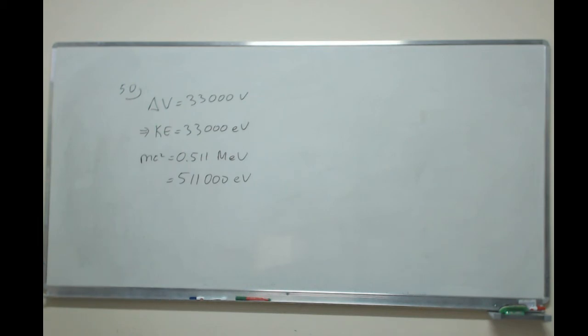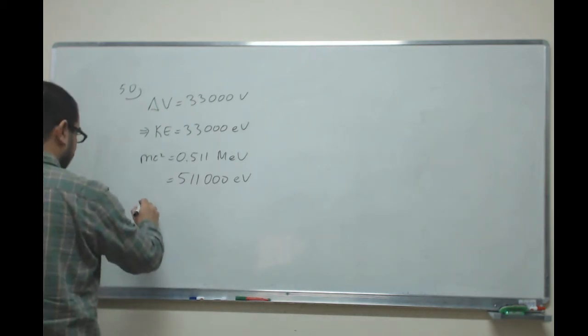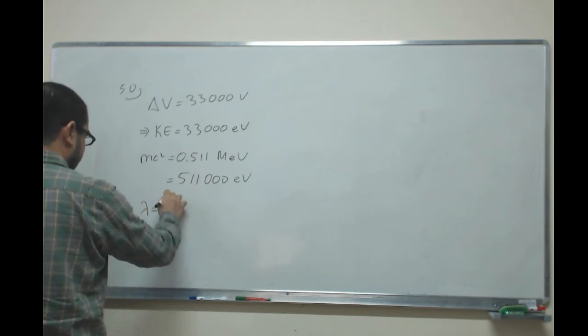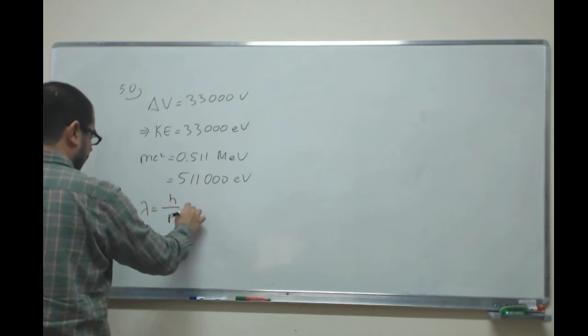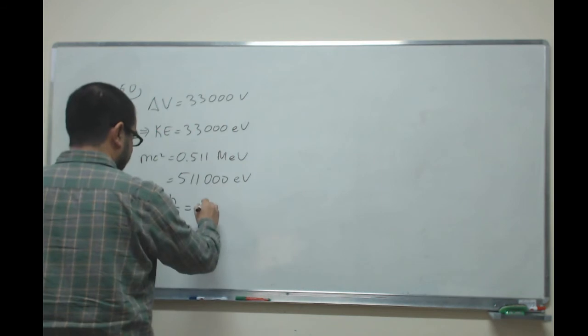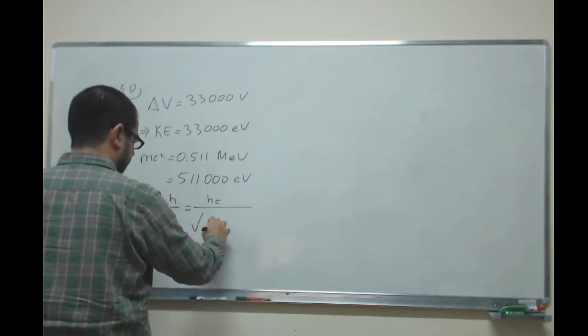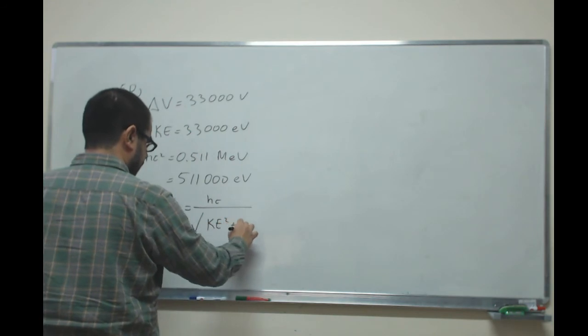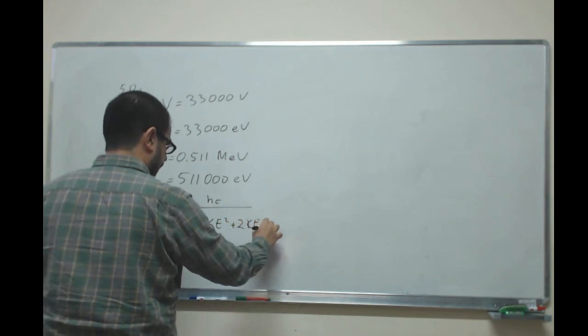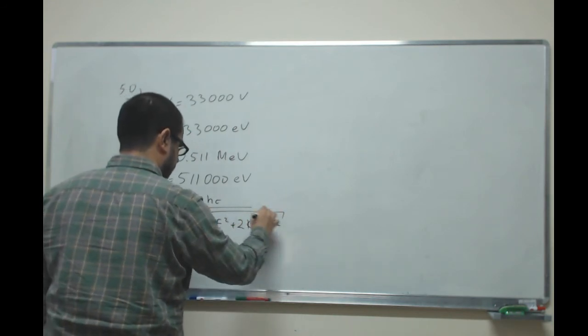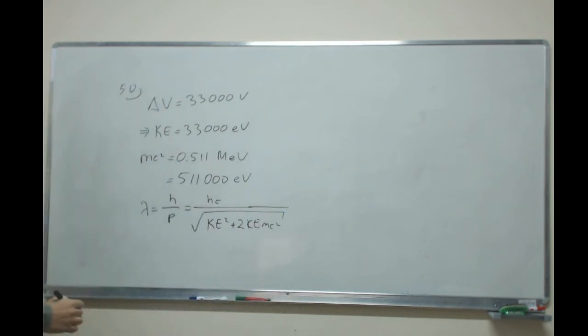How does the wavelength compare to the size of the neck of the tube, typically 5 centimeters? So the wavelength is h over p. Again, we can use this formula. This is hc over the square root of pc squared, that is KE squared plus 2 KE mc squared.